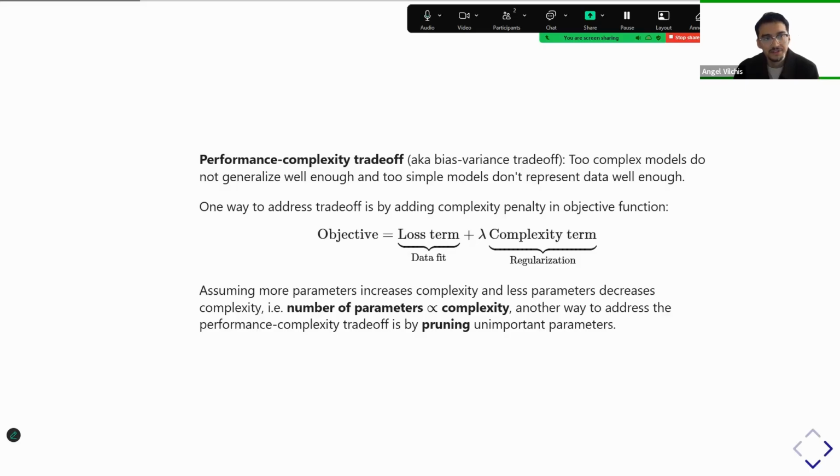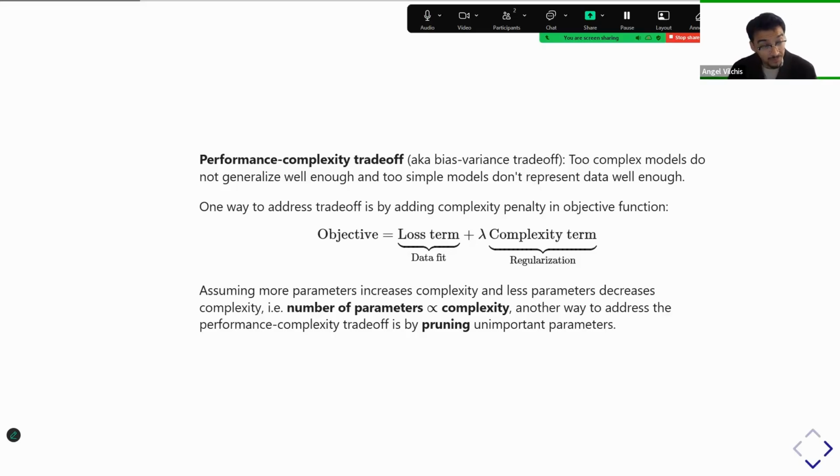Because if it's too complex, it will fit the training data very well, to the point where it's specific to the training data, and it won't be good with new data. So that's a model that doesn't generalize well, and that's on the side of complexity and variance.